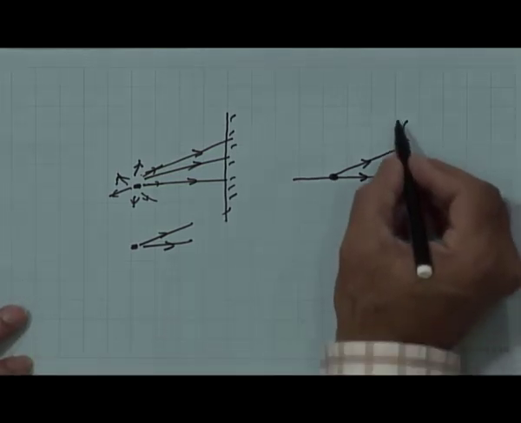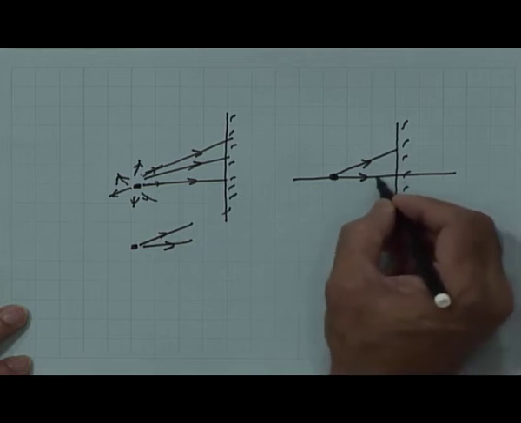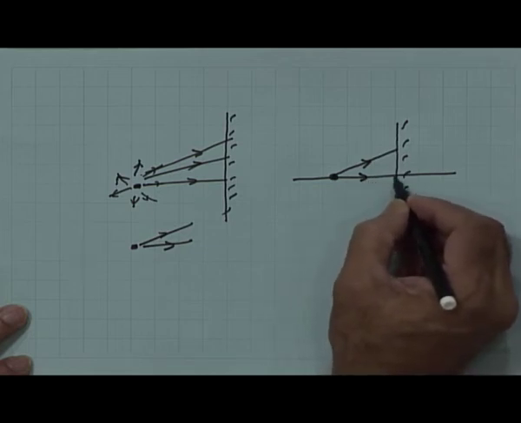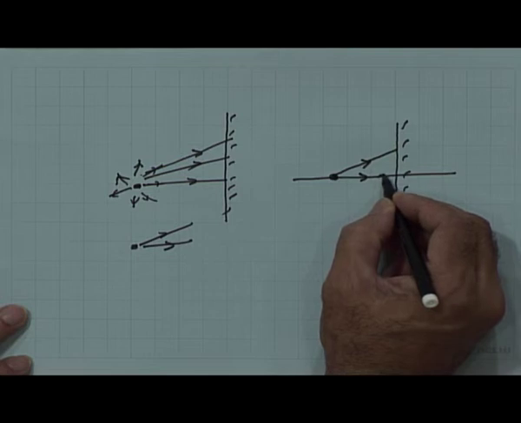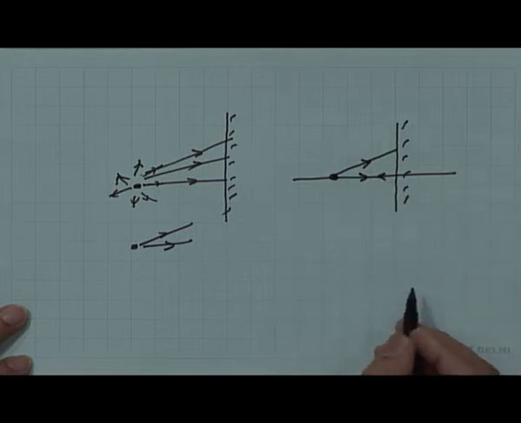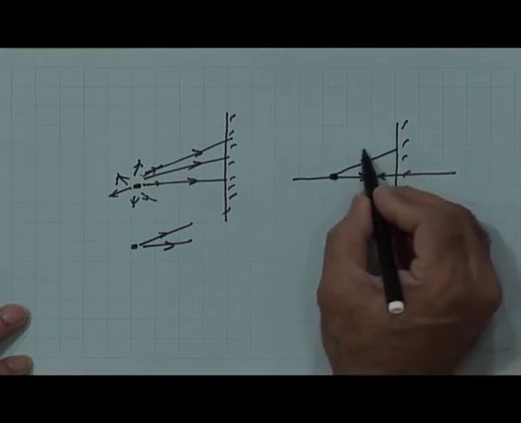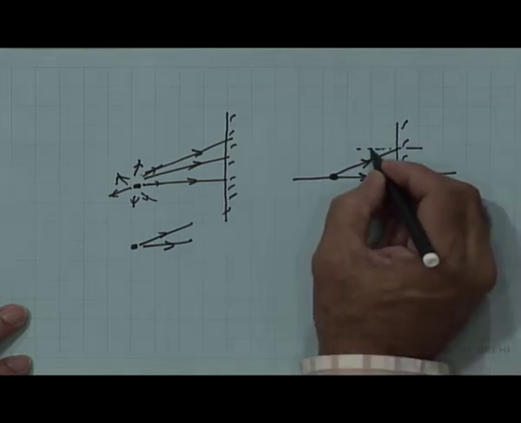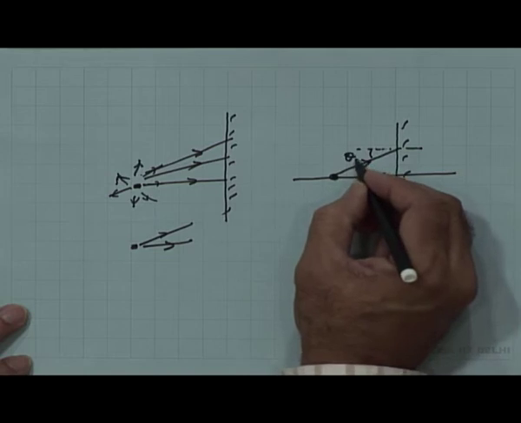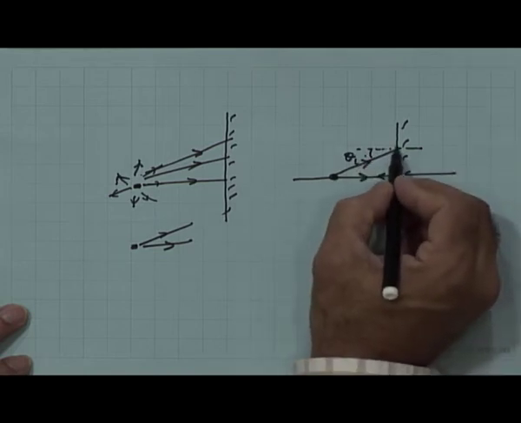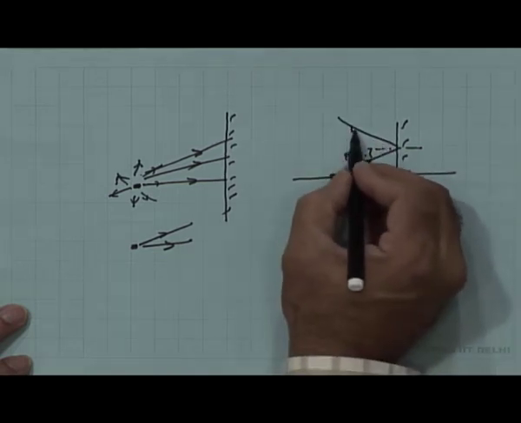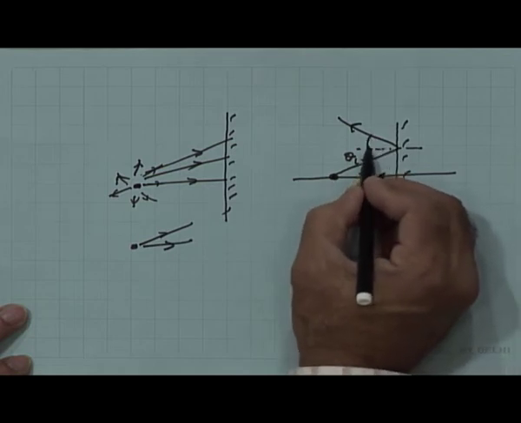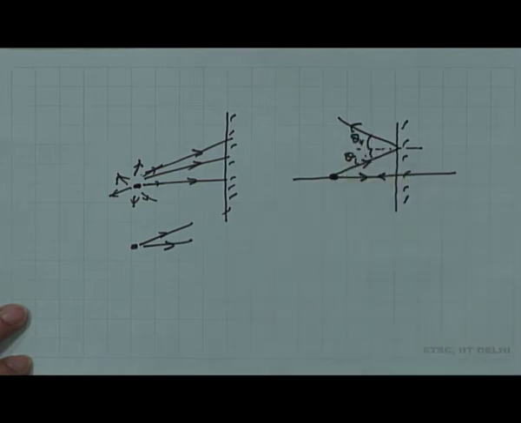If this is a plane mirror, then the ray which is incident normally on the mirror will be reflected back, and the ray which is incident at an angle, so this is the normal to the mirror, this is the angle of incidence theta I, will be reflected at an angle such that theta I is equal to theta r.